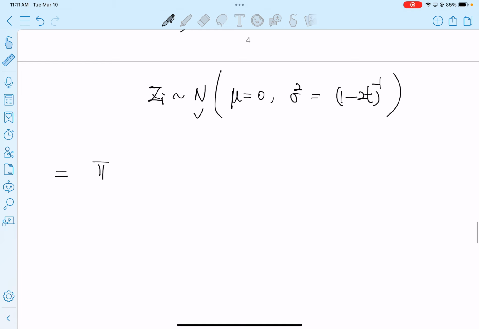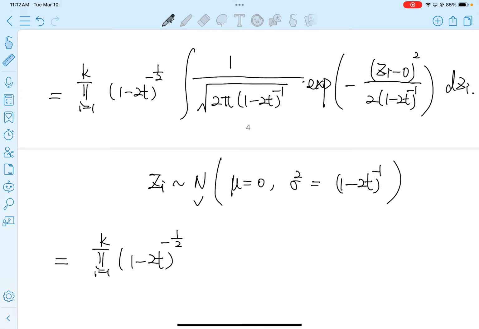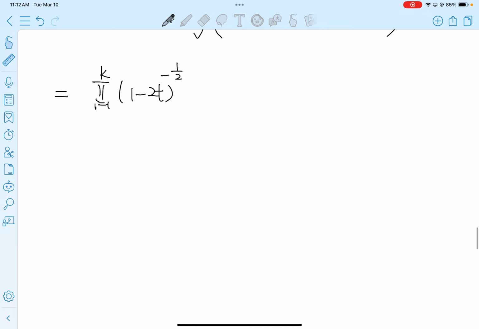Equal to the product of 1 minus 2t raised to the power of negative 1/2. Okay? Everything is a constant. So the product with respect to the subscript index i is just k copies of them, right? You will have 1 minus 2t raised to the power of negative k over 2.